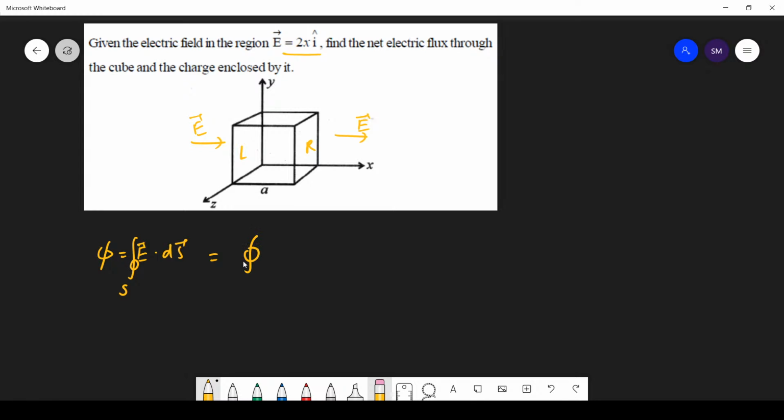So you will write that this is the flux through the right surface, E dot ds, plus the flux through the left surface, E dot ds, and that will be equal to E, which is given to us, that is 2x, and the angle here is... so try to do this question.